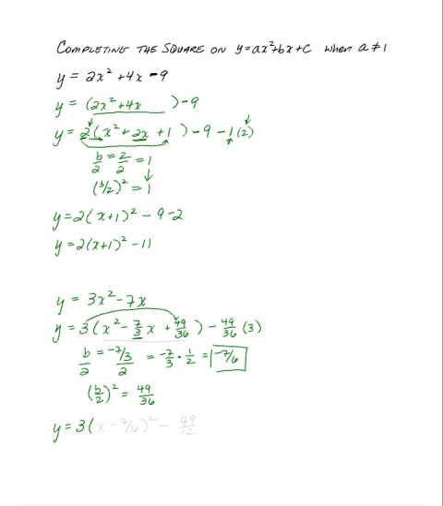So instead of trying to factor this out, I'm just going to say this is x plus the negative 7/6, whole thing squared, minus, now we need to combine over here, 3 times 49 over 36. I'll cancel the 3 in the denominator and leave a 12 there, so it'll be 49/12. And that is our completed form, and that's how you complete the square when the a is not a positive 1.